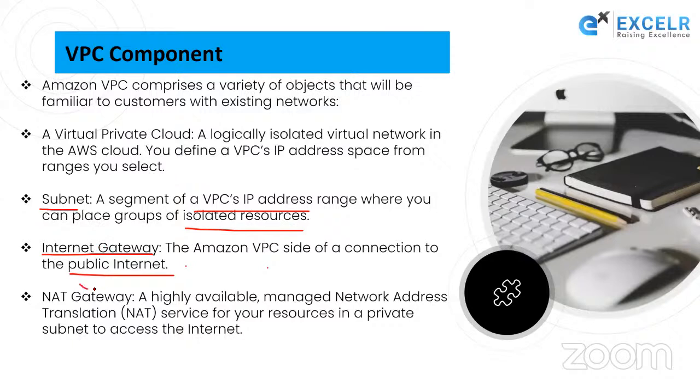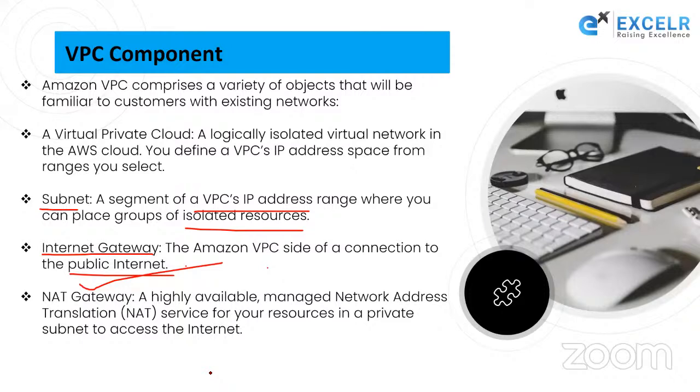Next is the NAT gateway. What is a NAT gateway? Suppose you have a virtual machine which needs to be in your private subnet. A private subnet will not have any internet connectivity. But suppose you have a database in your private subnet and you want to connect it to the internet for downloading certain packages. Because your private machine does not have any internet connectivity, how will it connect? You use another device called a NAT gateway.